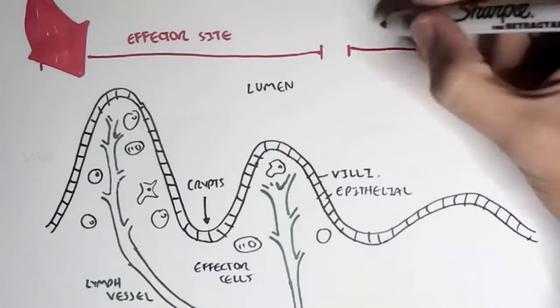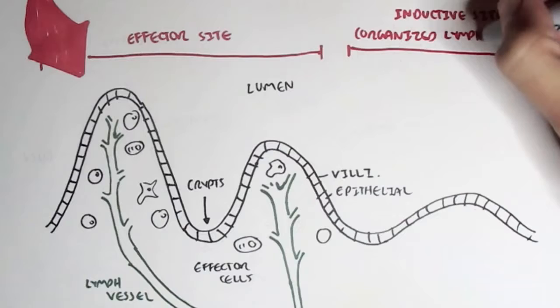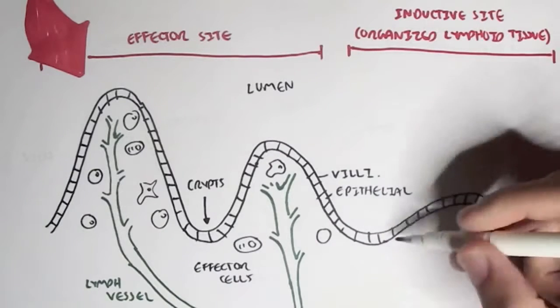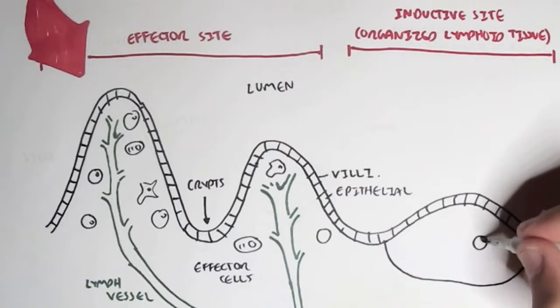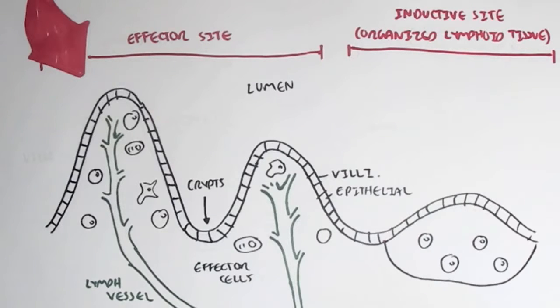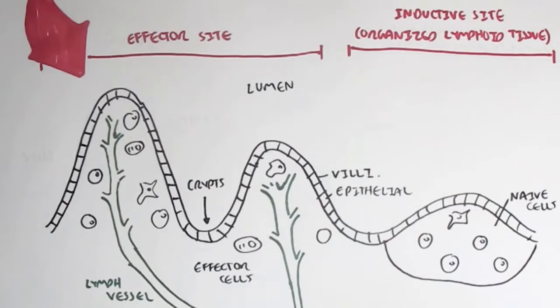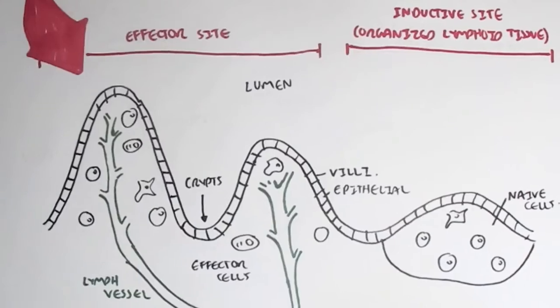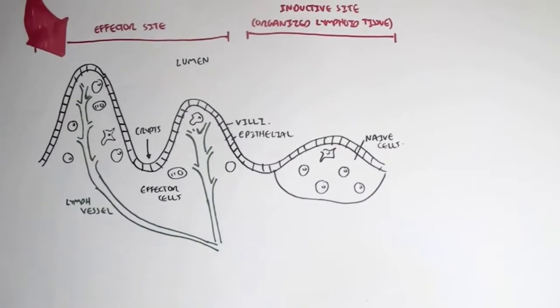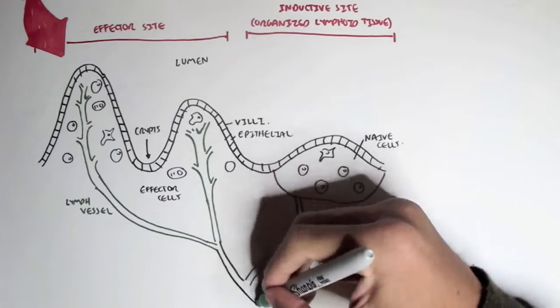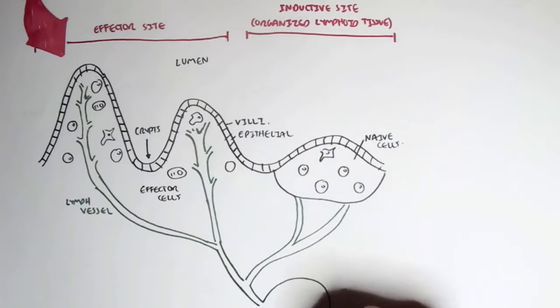And then the other important site is the inductive site, which is also referred to as the organized lymphoid tissue. Typically, the inductive sites do not contain the effector cells, the activated lymphocytes, for example. They usually contain the naive lymphocytes. But they also contain many antigen-presenting cells, such as dendritic cells, because the inductive site is where the mucosal immune system is induced from the antigen-presenting cell, which can then activate the naive lymphocytes.